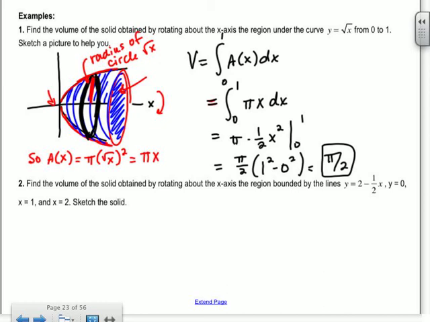Okay, so let's try this one. Find the volume of the solid obtained by rotating about the x-axis the region bounded by the lines y equals 2 minus 1/2 x. So if you write that in y equals mx plus b form, you see the slope is negative 1/2. The y-intercept is 2.